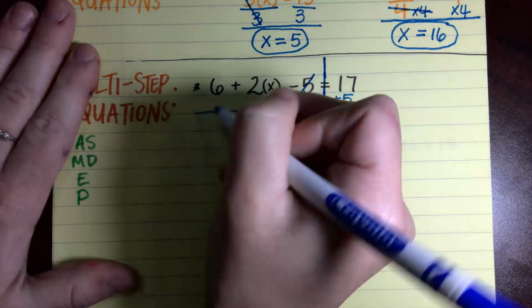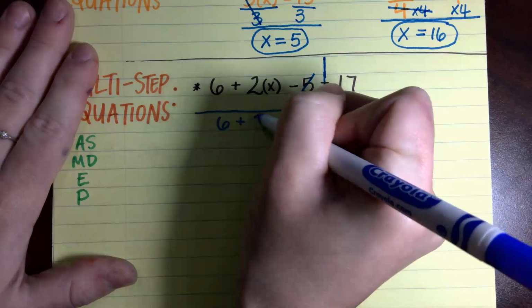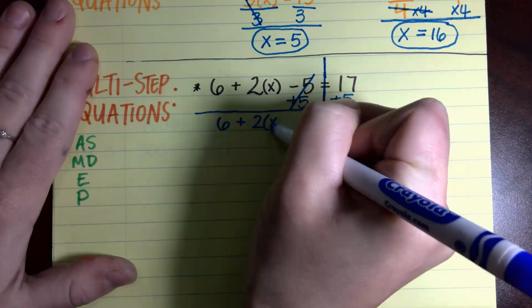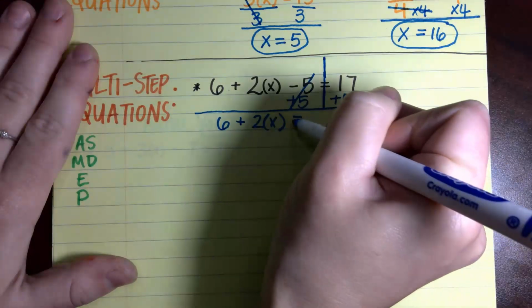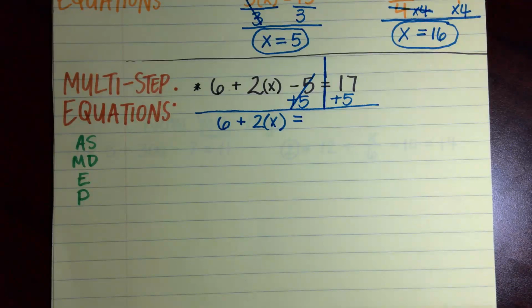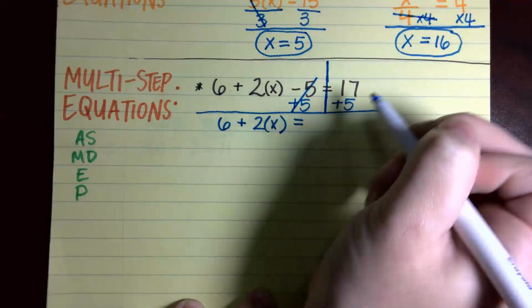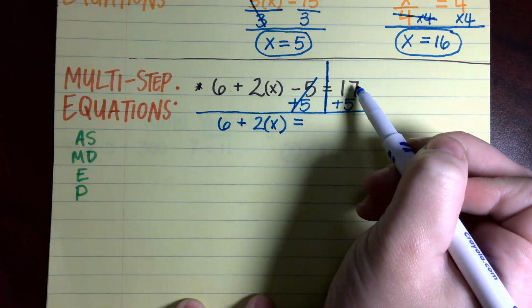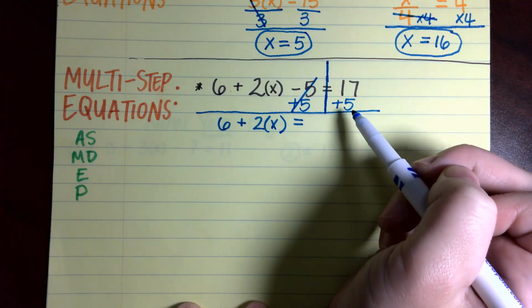I've got a 6 plus 2 times x equals 17 plus 5. What is 17 plus 5? 22. Is it 22? No, it's 12. Well, if I have 17 and I add 5, I know it can't be less than 17.